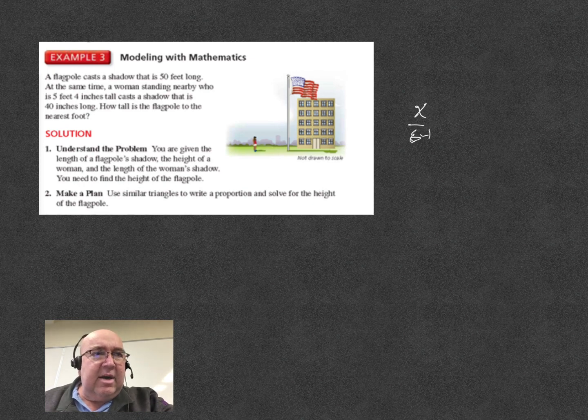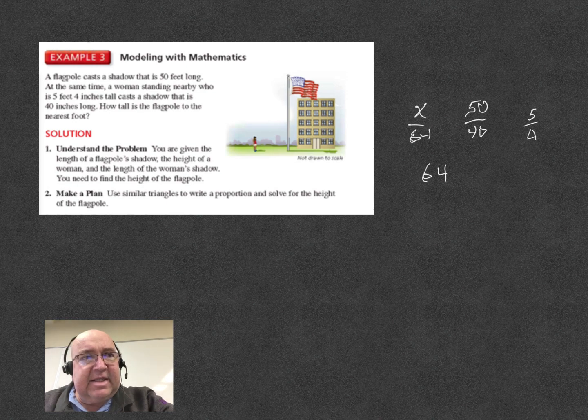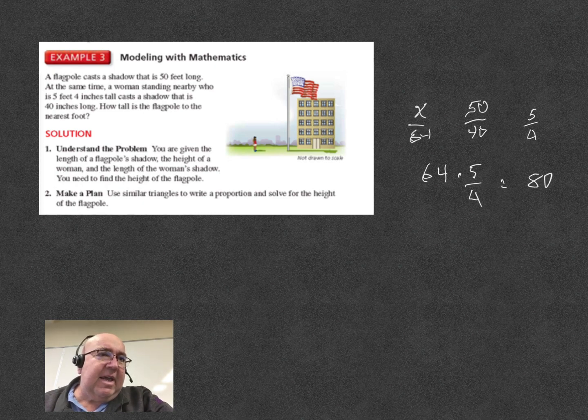Alright, so 5'4", and then we know that there's going to be 50 feet over 40. So our ratio is 5 to 4. So we're going to multiply 64 times 5 over 4, which is going to be 80. So the height of the flagpole is 80 feet.